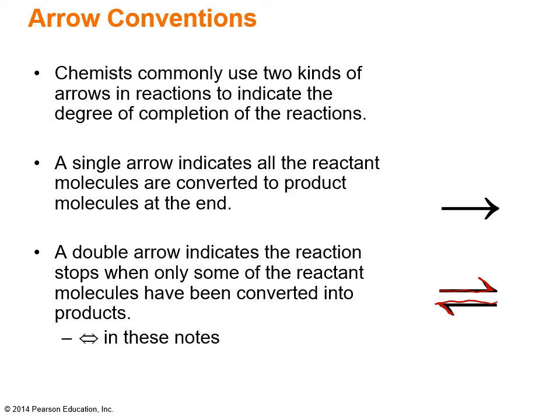So we can convert some of the reactants into the products, and it's also possible for the products to be converted into the reactants. In these notes, you'll see a double-headed arrow like this because of formatting issues with PowerPoint.